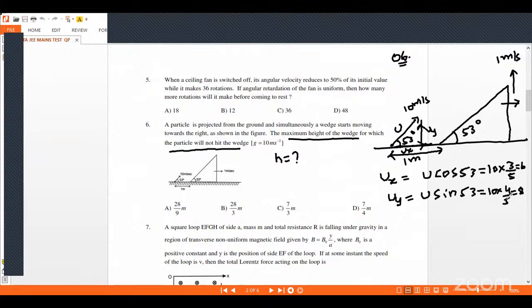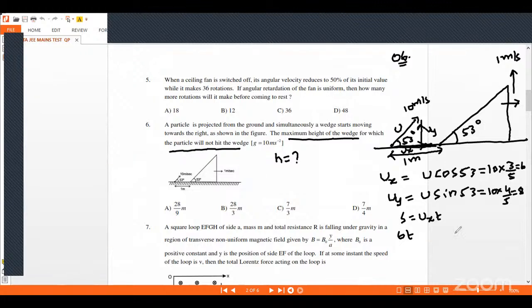Along the x direction, the distance traveled, S equals ux into t. So ux means 6, so the distance traveled is 6t. Already here we have a distance of 1.